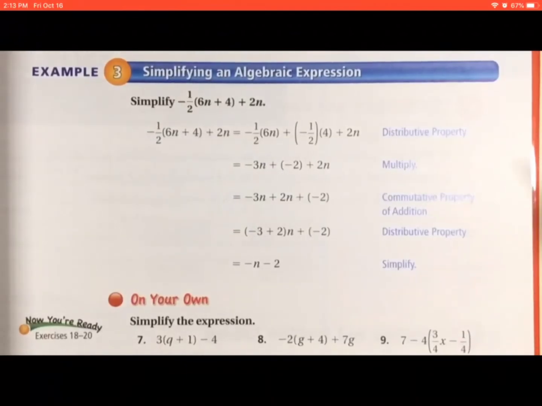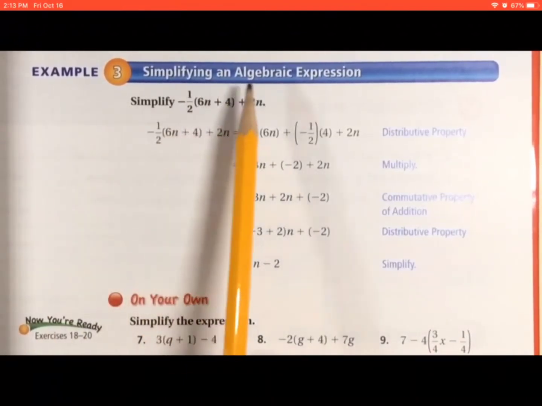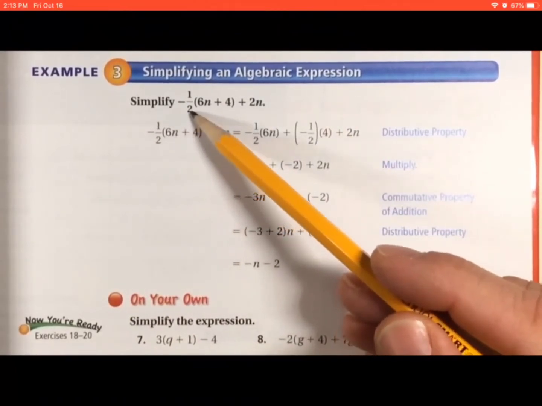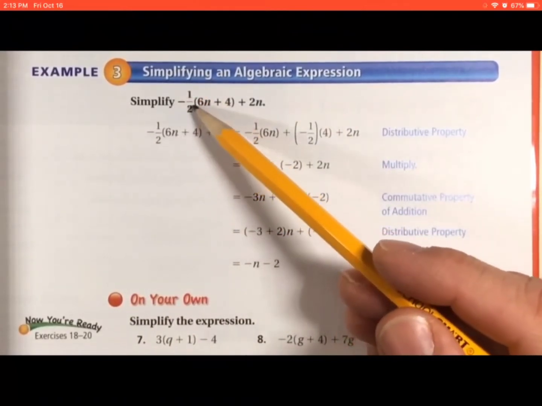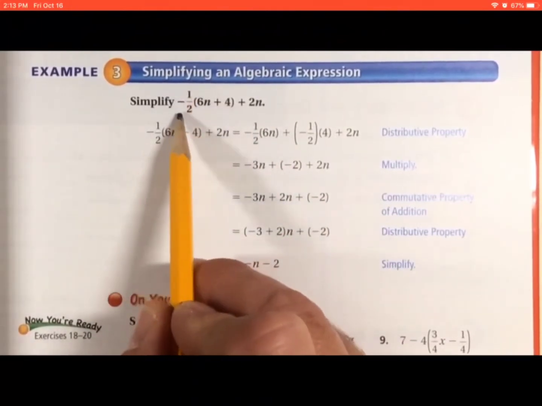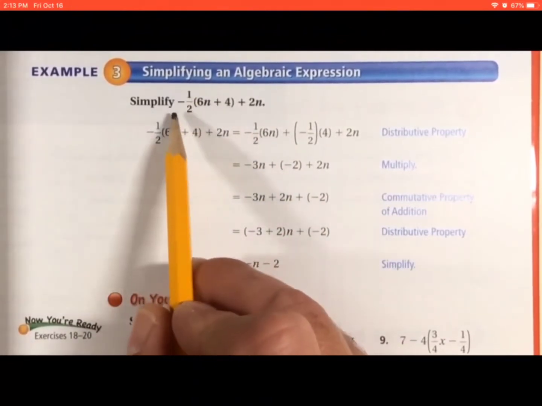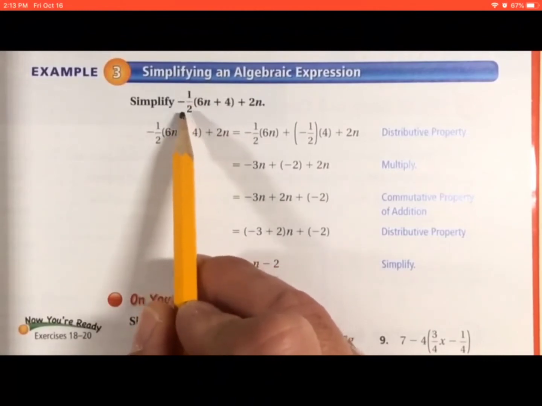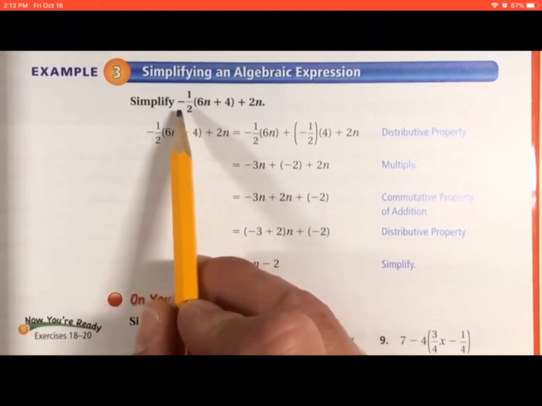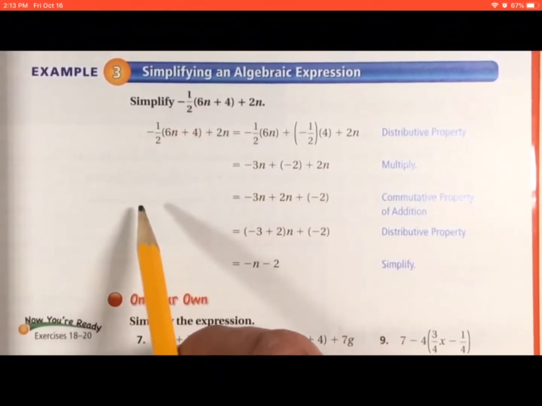Okay, we also need to simplify an algebraic expression sometimes by using the distributive property. Hopefully you remember from last year, and if you don't, no big deal. But when there's something right outside the parentheses here, in this case a negative 1/2, that means that negative 1/2 is multiplied to each thing inside the parentheses.